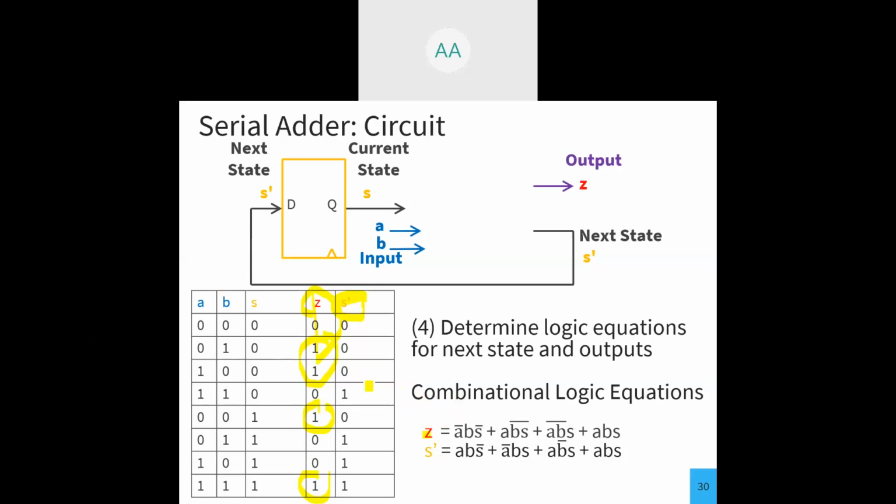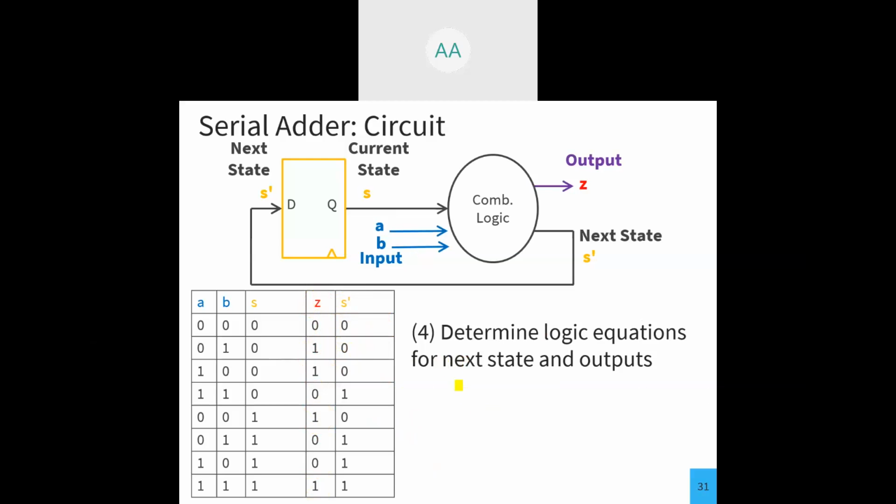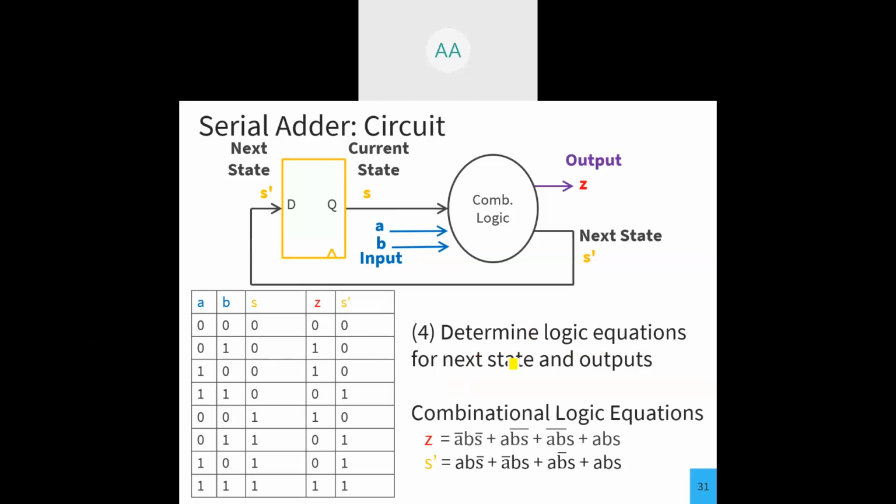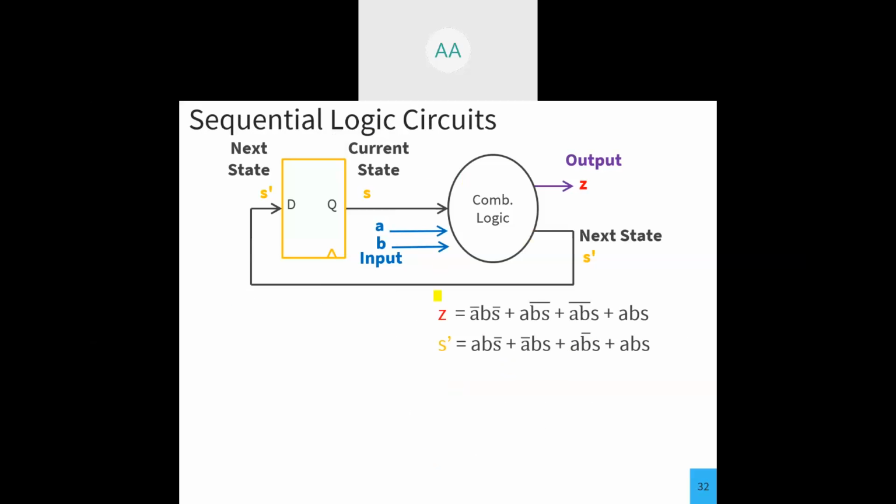We are not focusing on the simplification now. We are just focusing on how to design a Mealy machine, a finite state machine. So from this we can have the equation of Z and also the equation for the next state, and then determine the logic equation, and then we need to design the circuit.